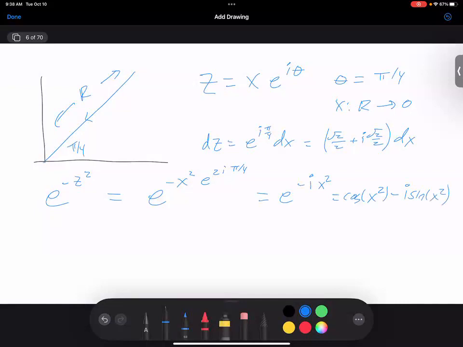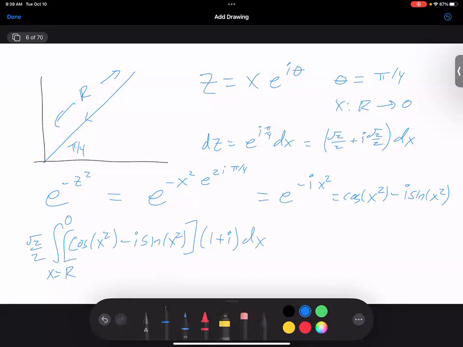So now we have the integral, x goes from r to 0. I like to just write things very carefully. Cosine of x squared minus i sine of x squared. And then I'm going to just pull out the root 2 over 2, and then we'll have 1 plus i dx.